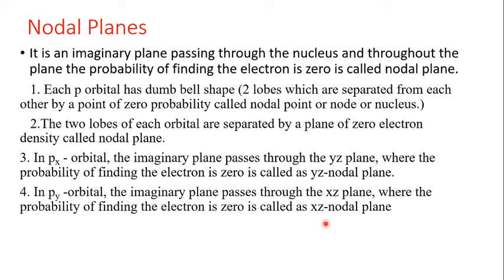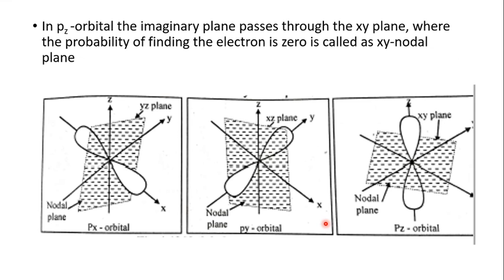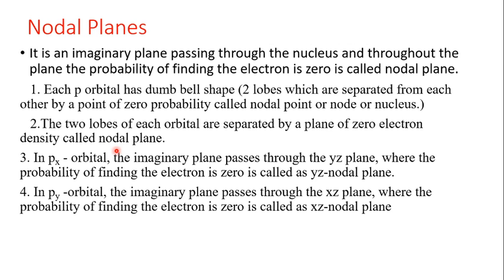Okay. So see, here is the diagram for this plane. This is a px orbital which is along the x-axis, and this is the yz plane. This plane cuts the px orbital at the nucleus, and throughout this plane the probability of finding the electron is 0.